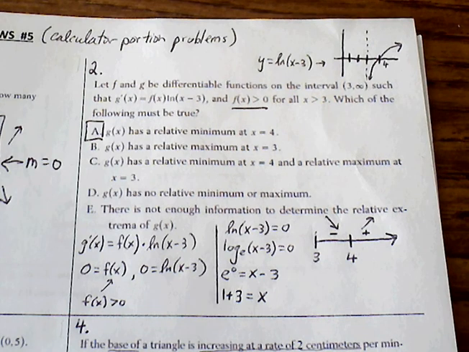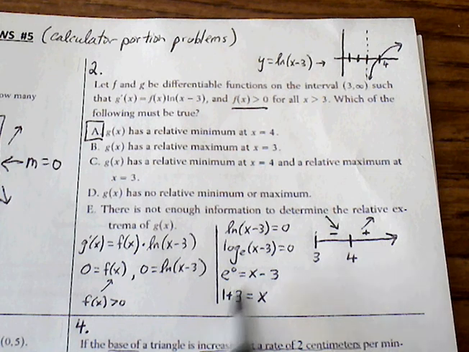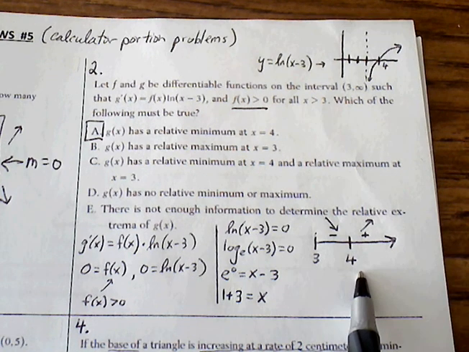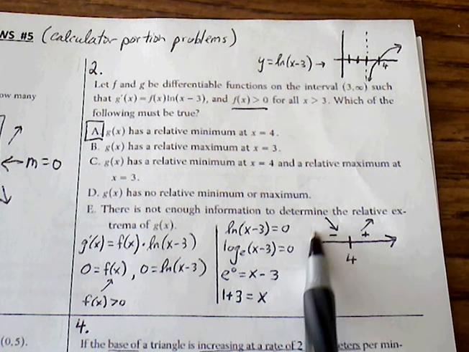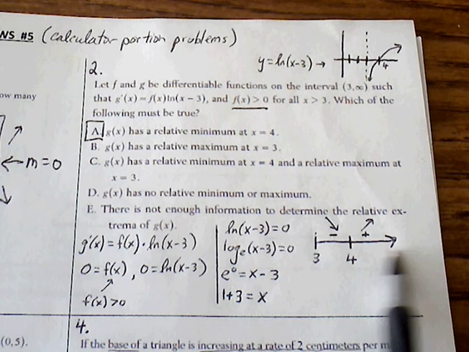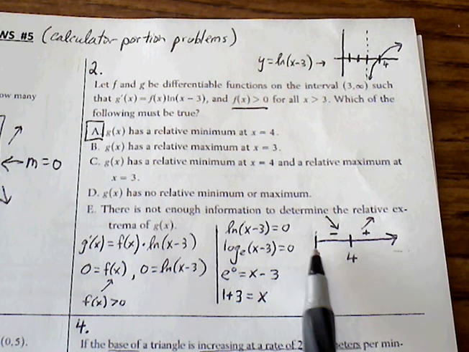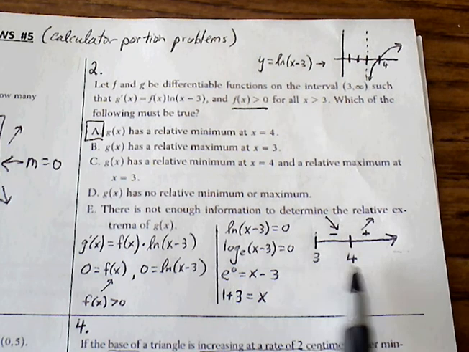Everything gets shifted over. So now we know the critical point is at 4. Starting vertical asymptote is at 3, so this is what our graph will look like, with vertical asymptote at 3 and critical point at 4.